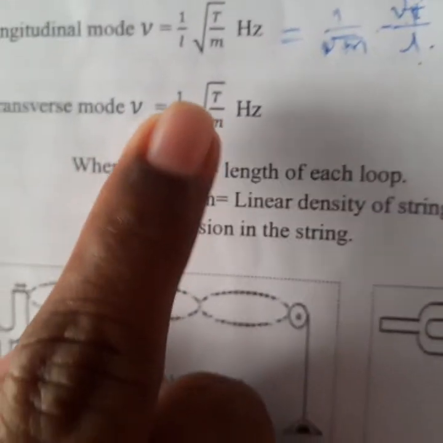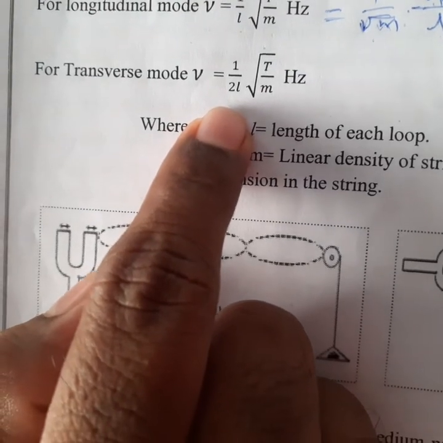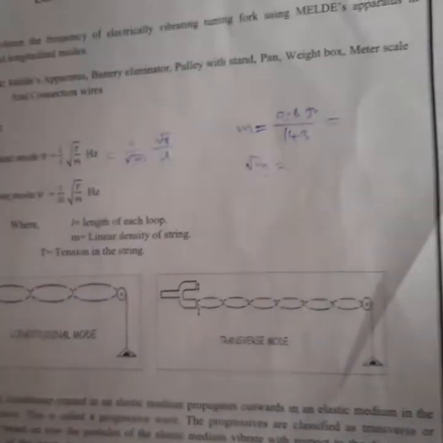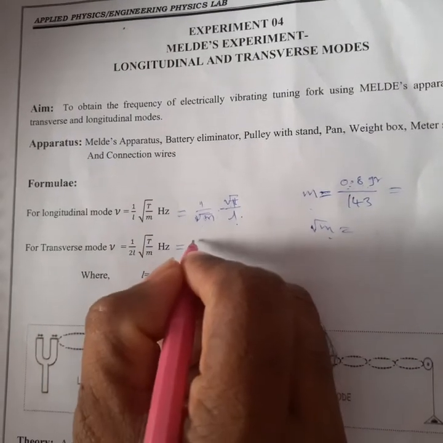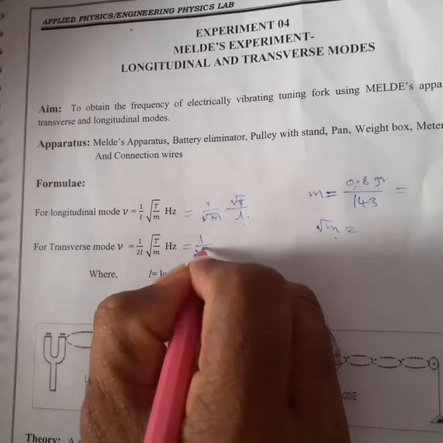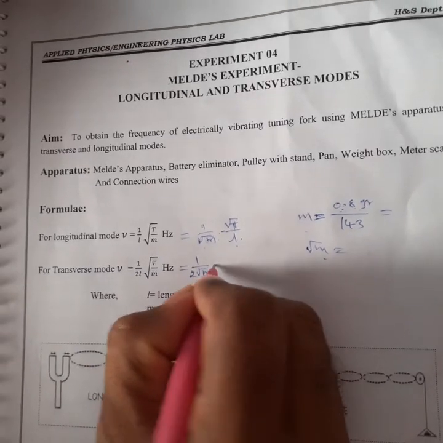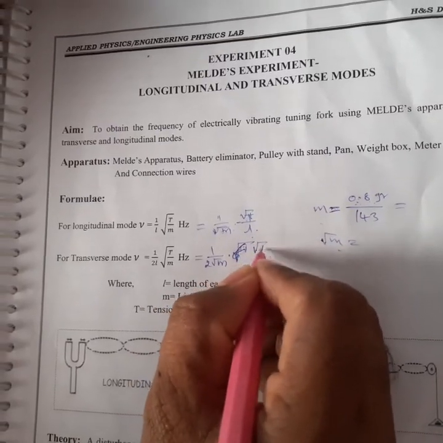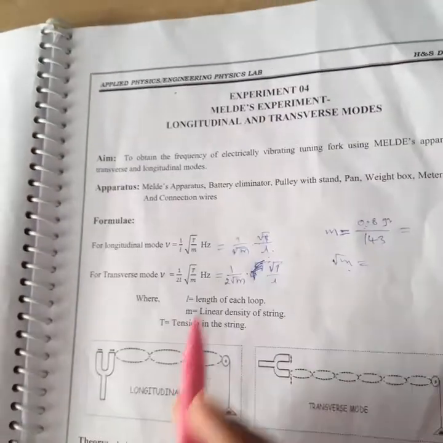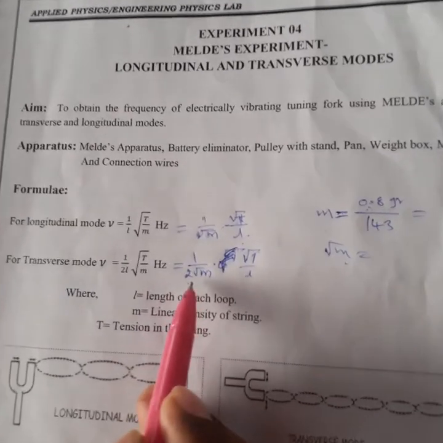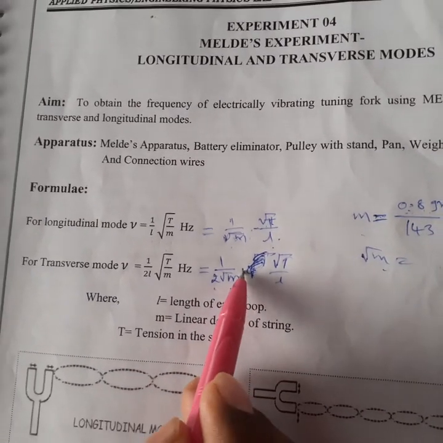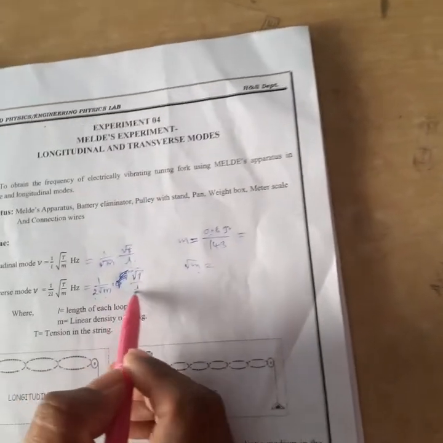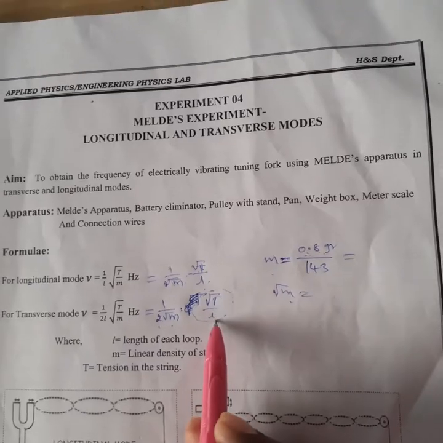Nu is equal to 1 by 2L root of T by F. So this formula can be written as 1 by 2 root m into square root T by L. From the table you can calculate the average root T by L value.